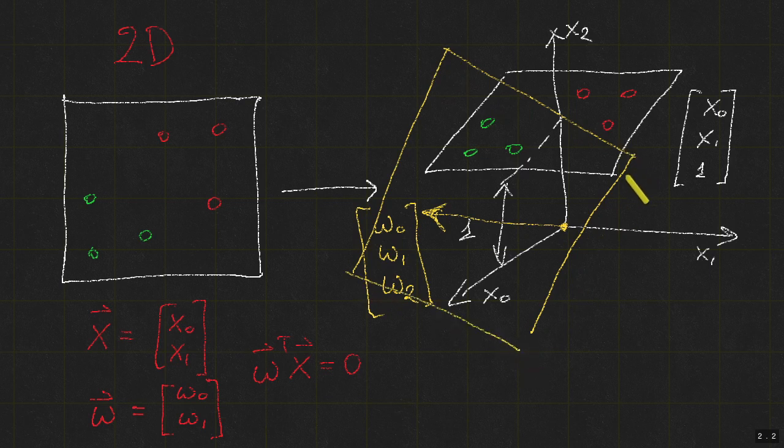But what we consider as a separating line, where is it? If we look at this, we are using the yellow hyperplane.